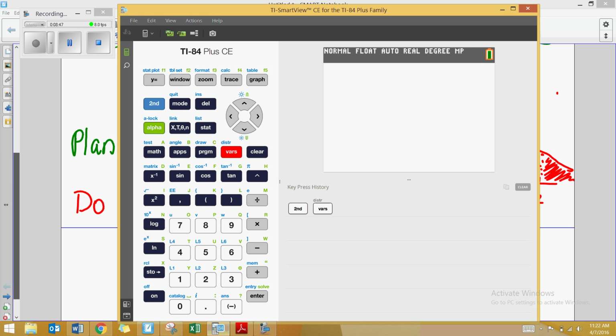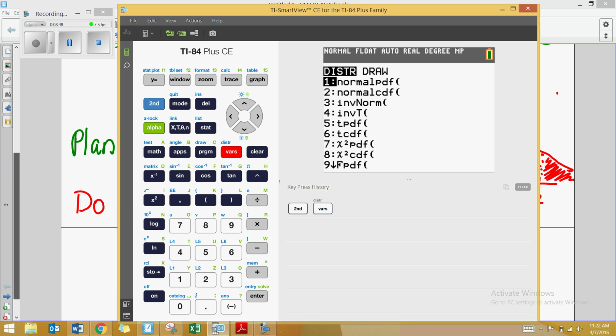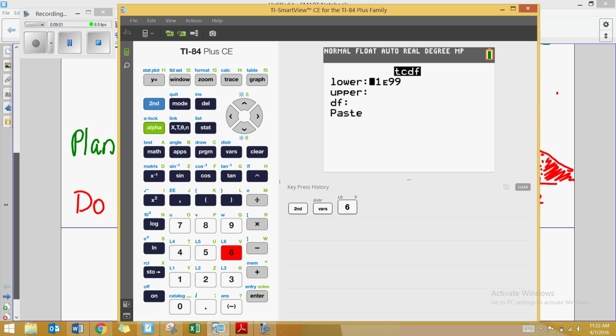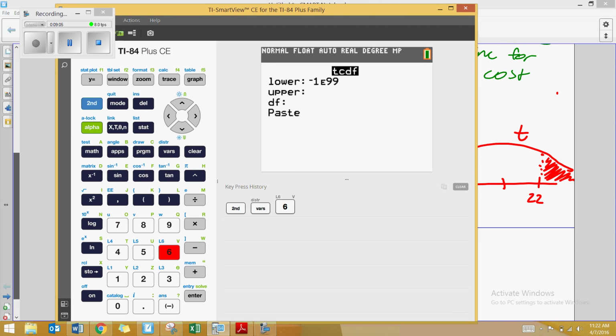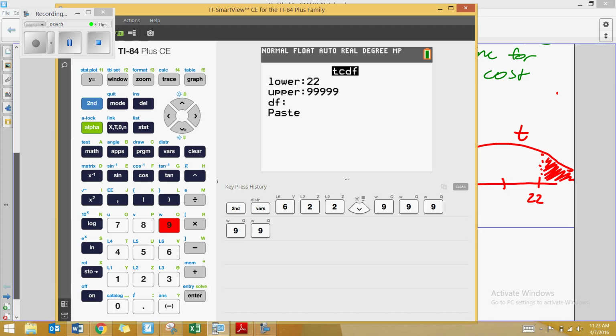So second vars is going to take us to our list of distribution functions here on the calculator. So we'll go down to tcdf, that'll be area under a t-curve. It needs a lower bound. Now our lower bound, looking at our picture, is 22. Our upper bound, this is just going to continue indefinitely, so we'll just throw a bunch of 9s in there.